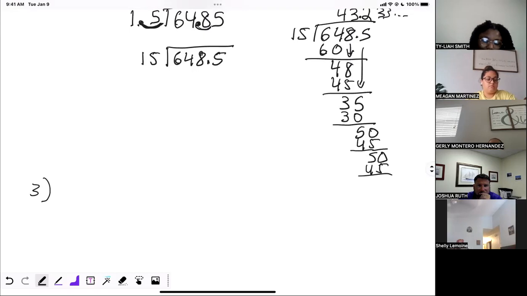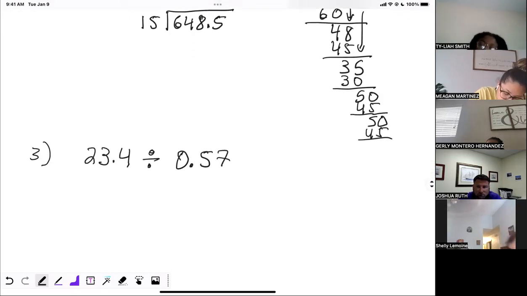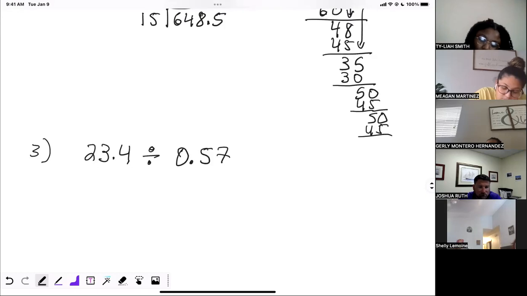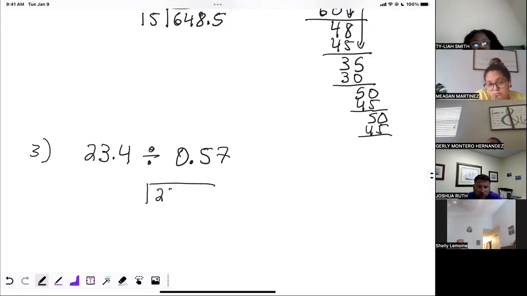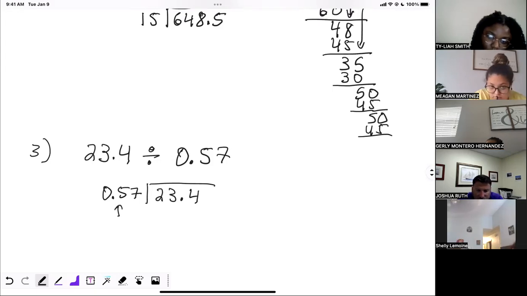Okay, so now let's do 23.4 divided by 0.57. They both have decimal places, right? So we have 23.4 divided by 0.57. I cannot have any decimals that I'm dividing by, so I have to fix it.